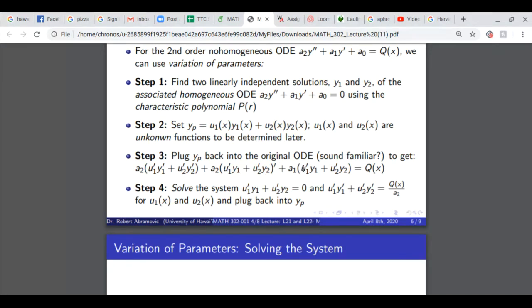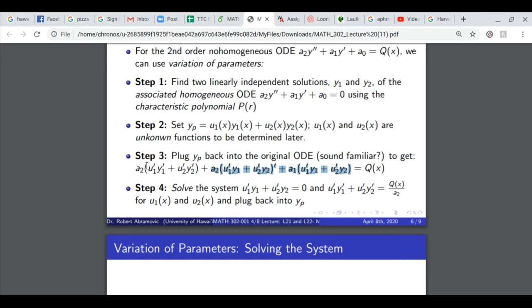The last term also contains the factor u1 prime times y1 plus u2 prime times y2. The factor in the second to last term differs from the factor in the last term just by taking a derivative. So it actually turns out to be simplest if we just set this term equal to 0, identically 0. If it's the function 0, its derivative is also 0. That makes these last two terms vanish.